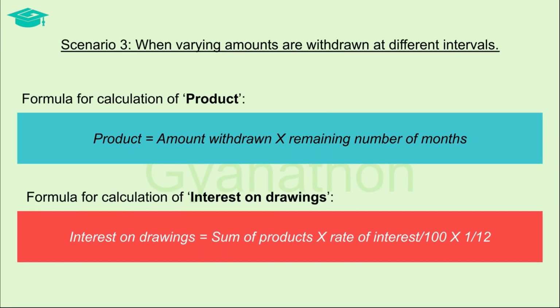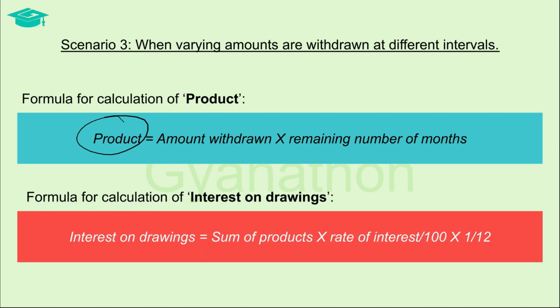Coming to the scenario where varying amounts are withdrawn at different intervals, in such a scenario, it is not possible to calculate the interest on drawings on the basis of average period. When varying amounts are withdrawn at varying intervals, first we have to calculate its product. So what is this product? It is nothing but each amount withdrawn multiplied by the number of months for which such amount withdrawn remains outstanding.